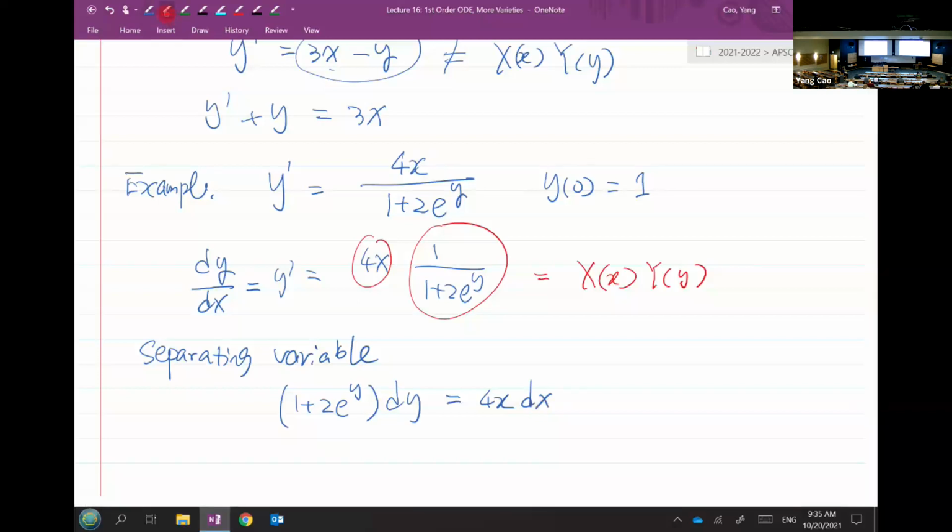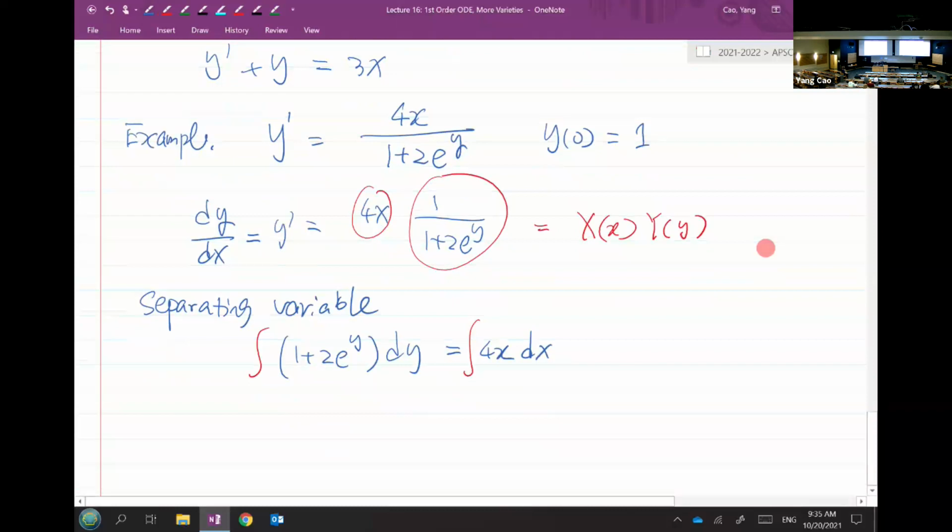And then integrate both sides of the equation. There's no trick in terms of this integration here. So the left side gives you y plus 2e to the power y. The other side gives you 2x squared plus constant c.